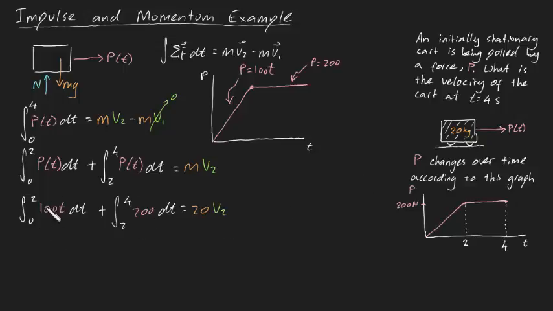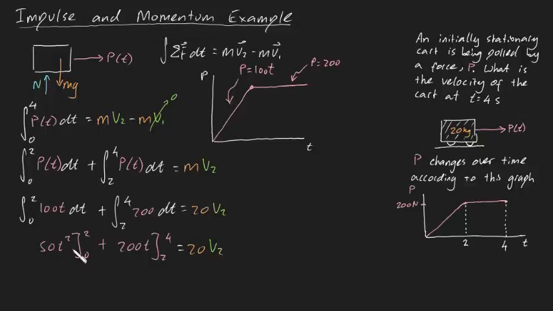Now, what does this integral evaluate to? If we go through the maths, 100t integrated turns into 100t squared on 2, which is 50t squared with limits from 0 till 2. We add that to 200t with limits from 2 till 4, and that's equal to 20 v2.